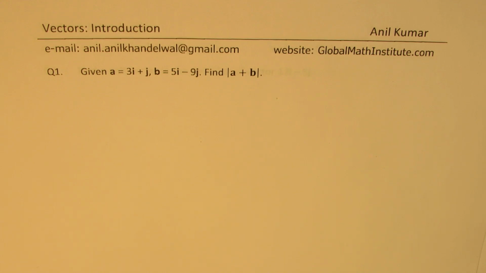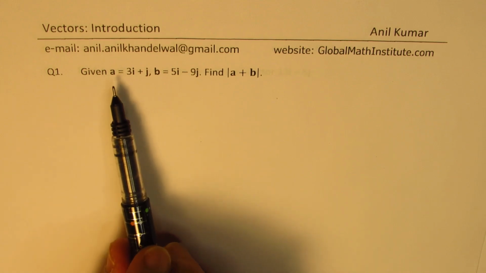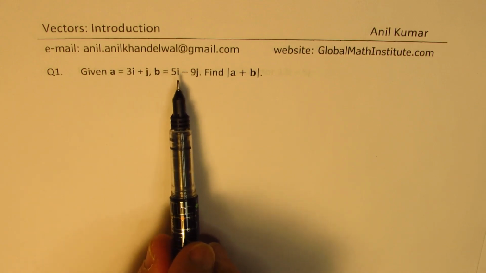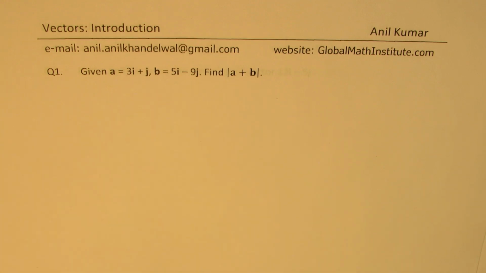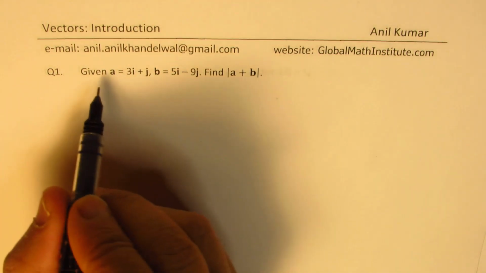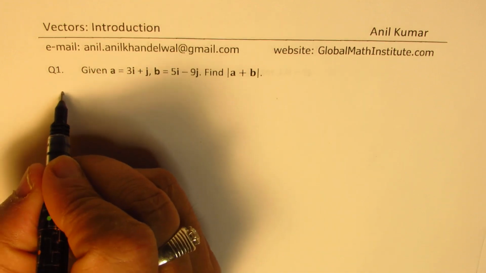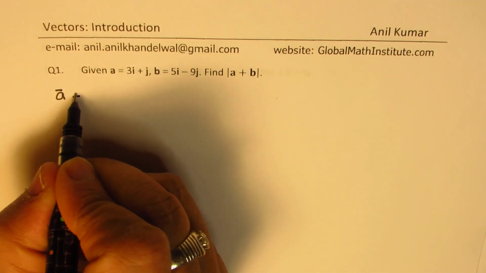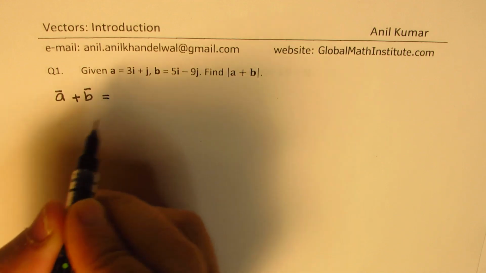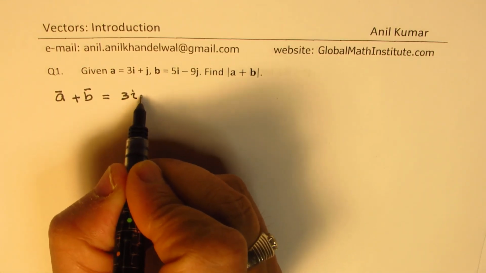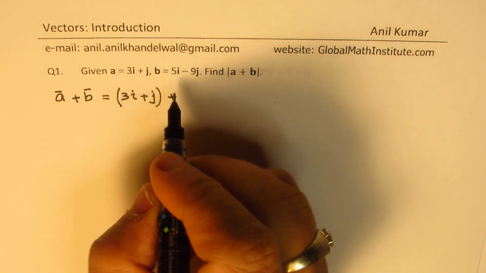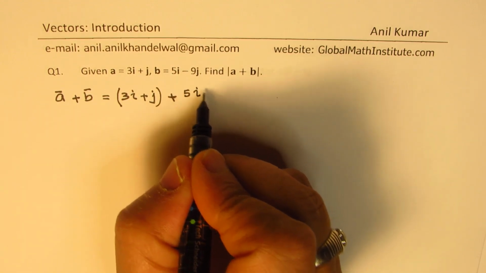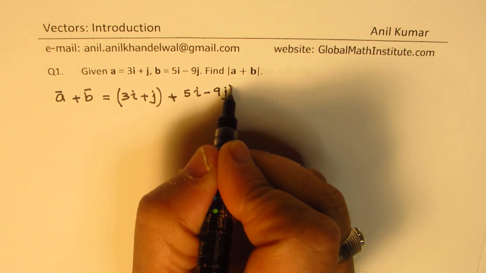Question number 1 here is, given A as 3i plus j and B as 5i minus 9j, find the magnitude of A plus B. We have to add these two vectors: 3i plus j plus 5i minus 9j, correct?